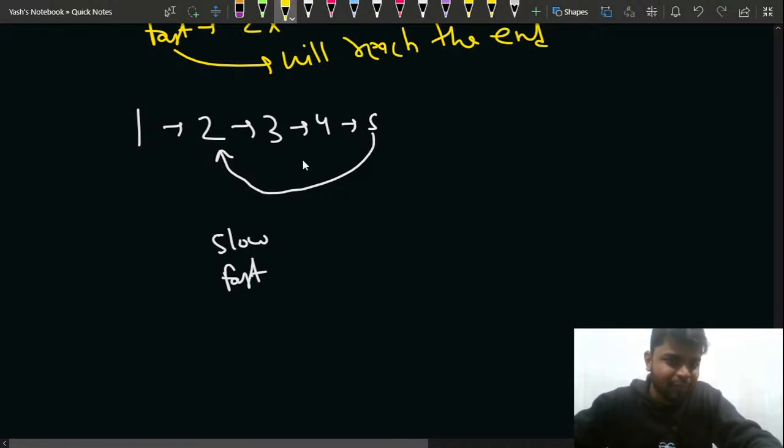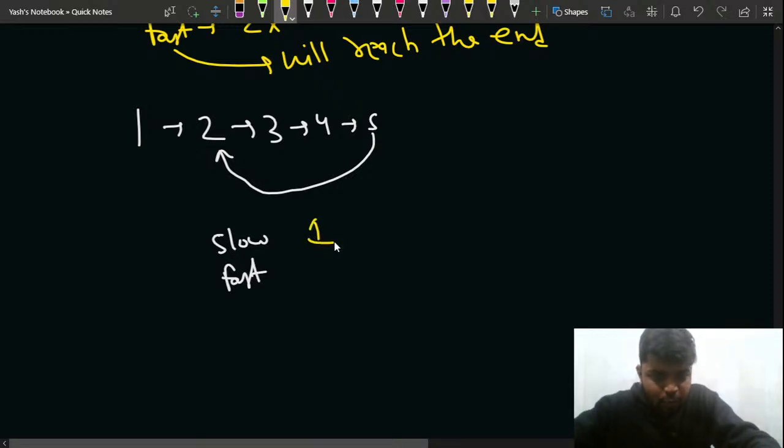We are trying to build the intuition, like how you would actually develop the approach, and we are trying to see why fast and slow pointers will not have the same values when there is no cycle, and why they will have the same value when there is a cycle. Because if the fast is moving at twice the speed of the slow pointer, then the fast and slow pointers should not have the same value. If they have the same value, it means that there is a cycle, right?